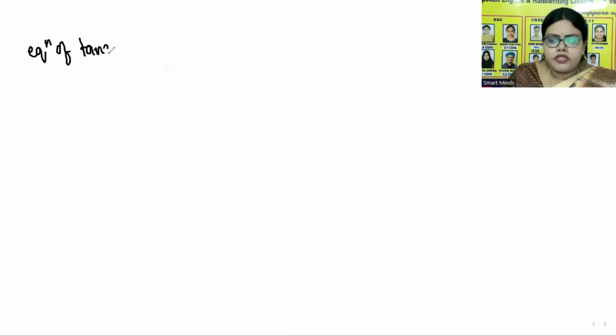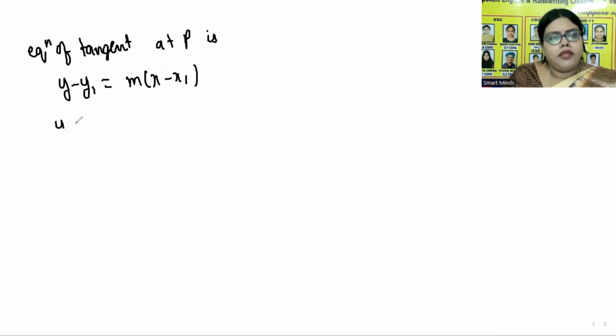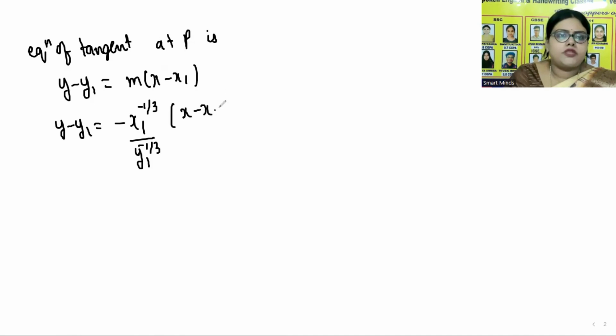What is the equation of tangent at some point P? That is y minus y1 is equal to m into x minus x1. Now what is m? m is dy by dx. So that is y minus y1 is equal to minus x1 power minus 1 by 3 by y1 power minus 1 by 3 into x minus x1.